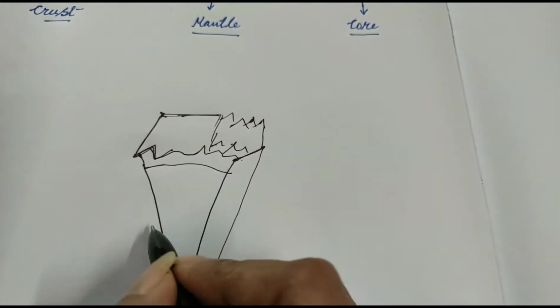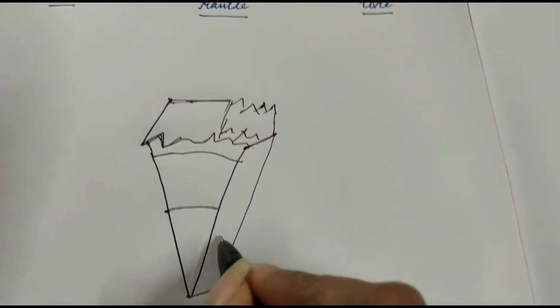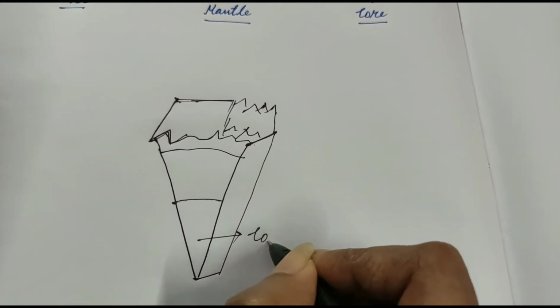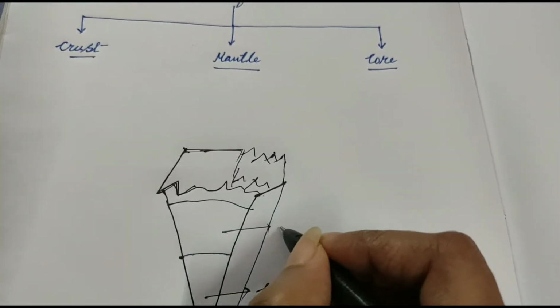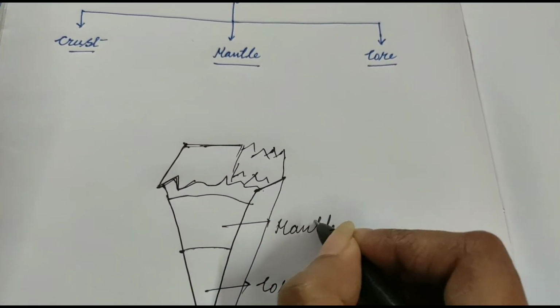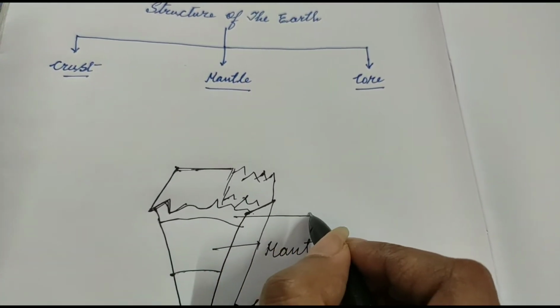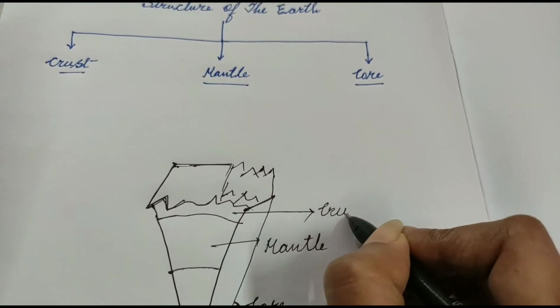Here these are the three parts. This part is called the core. This part is called the mantle, and this part is called the crust.